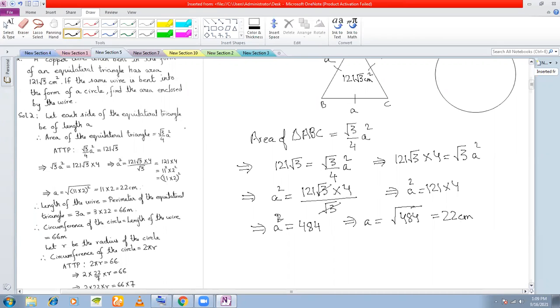Now, however, I recommend a better method instead of finding the square root. After this, A square is equal to 121 into 4. What you can do is, because you know that 121 is a perfect square, you can write 121 as 11 square, and you can write 4 as 2 square. So that means A square is 11 into 2 whole square.